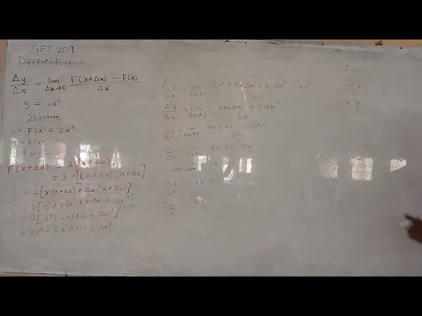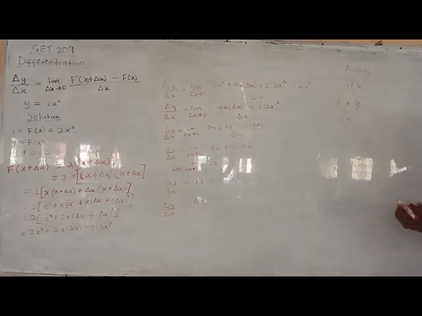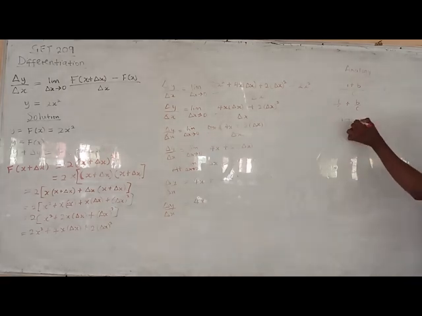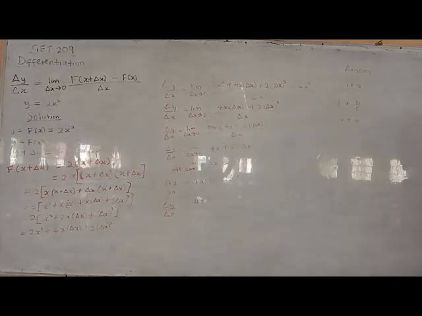Why does it mean that? Because we know the LCM of c and c is still c. So c divided by c is 1 times a is a, plus c divided by c is 1 times b is b. So this is this and this is this, the same thing.